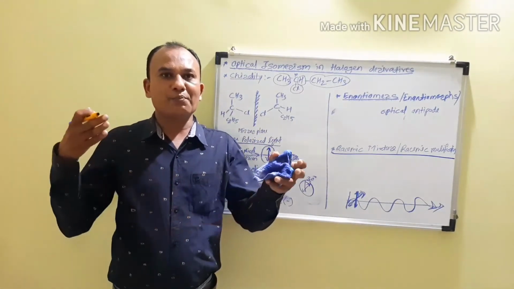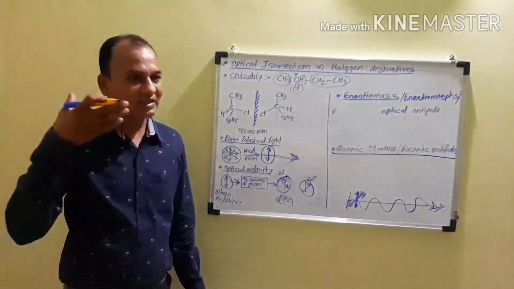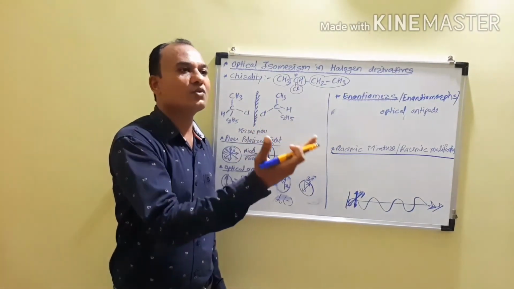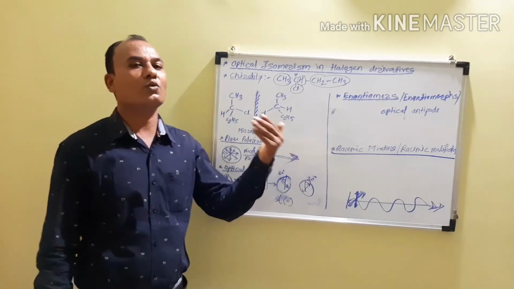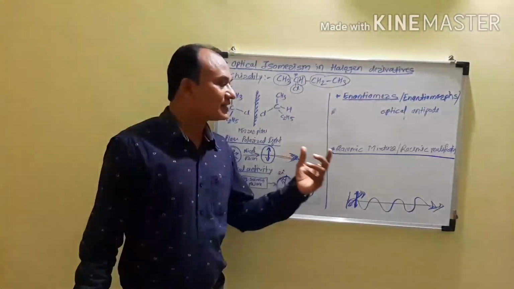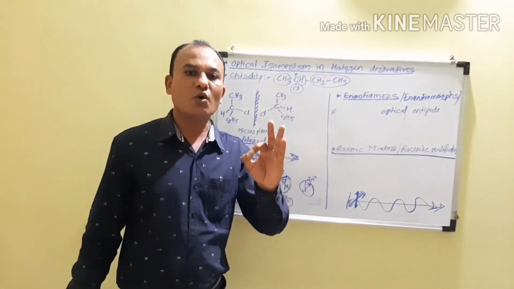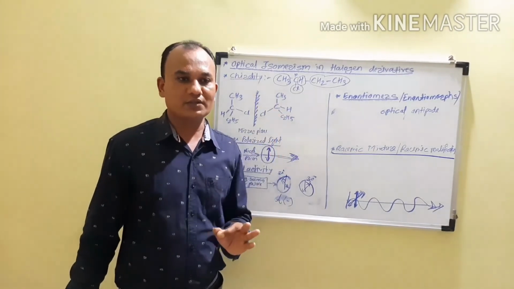When I pass plane polarized light through that solution, it does not rotate the plane polarized light towards the right or towards the left. Such a mixture is called a racemic mixture. It is the equimolar mixture of the optically active isomers.